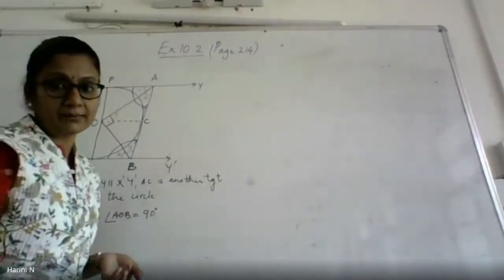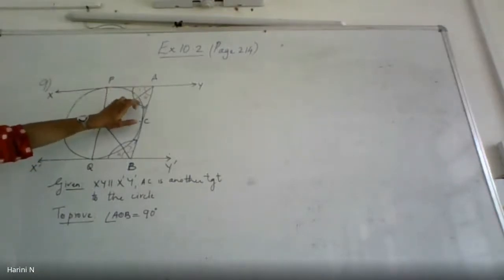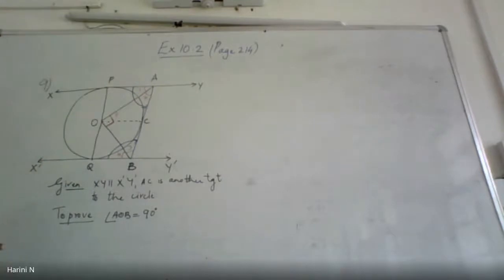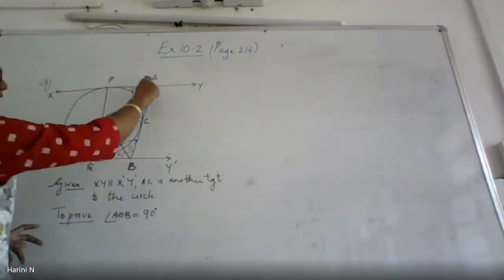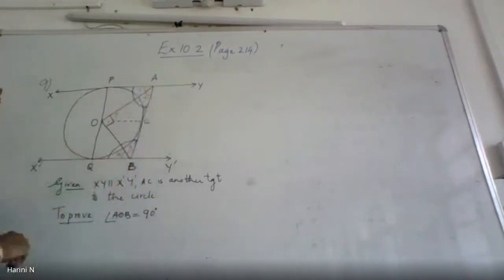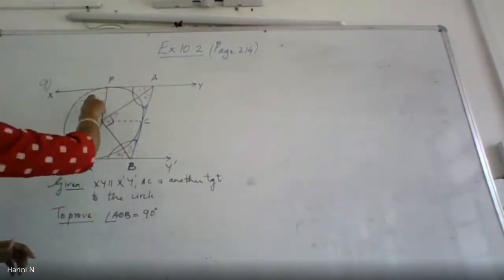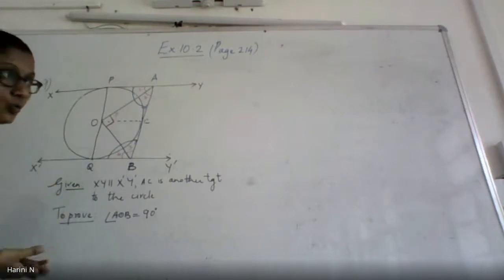Alright. So when they become supplementary, it means your 1 plus 2 and 3 plus 4, when you add them up, it is going to become 180 degrees. So instead of writing PAC plus QBC is equal to 180 degrees, can I also write PAC as 2 times angle 2?